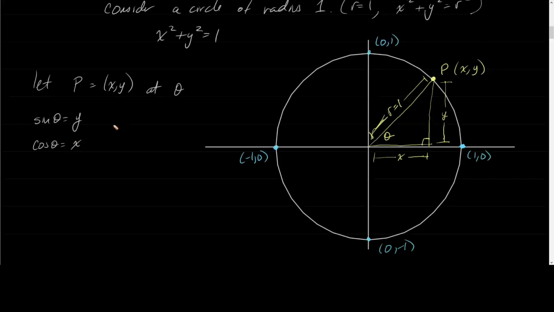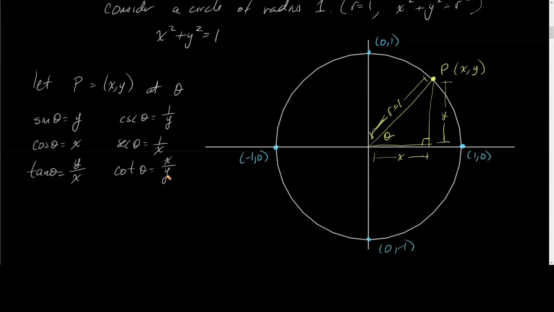Similarly, cosecant theta will be the reciprocal of sine, 1 over y, and secant theta will be the reciprocal of cosine, which is 1 over x. The other thing that we know now is that tan theta was sine over cosine, so that would be y over x, and cotangent theta will be the reciprocal of tangent, which is x over y.